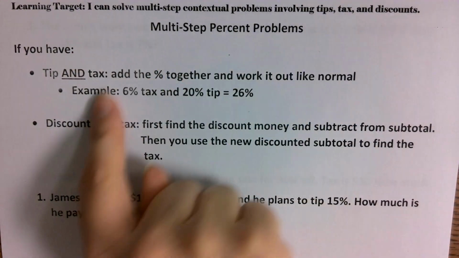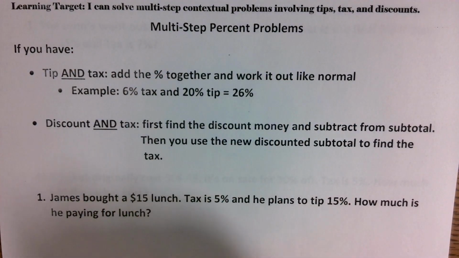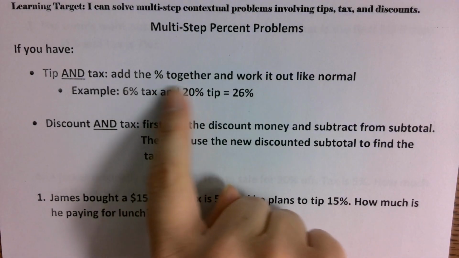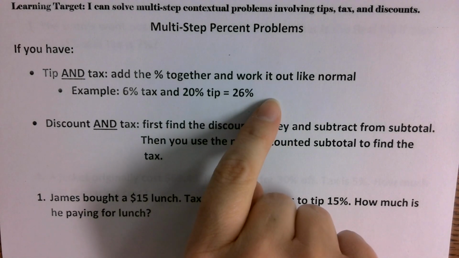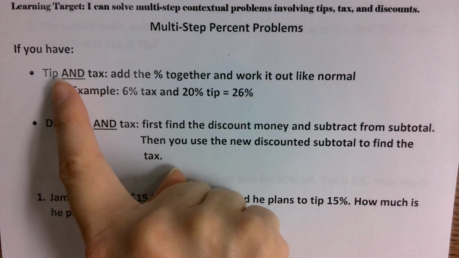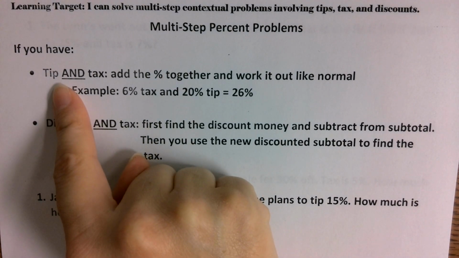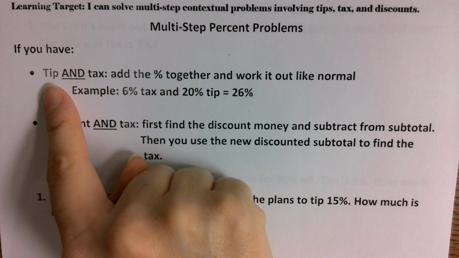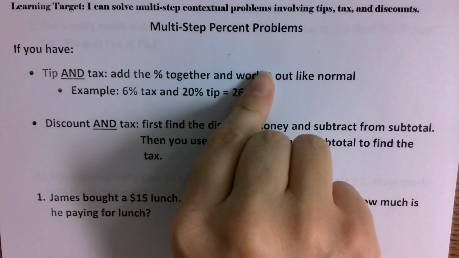But if it's just wanting you to find out the final cost after tip and tax, then it would be you combining the percents together and working it out as a single problem. The reason for that is because you do not pay tip on tax. You pay tip on the original cost.